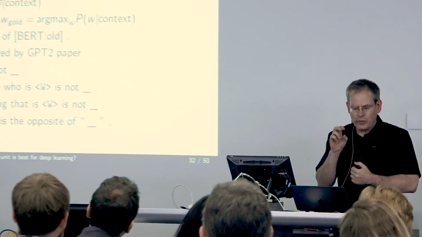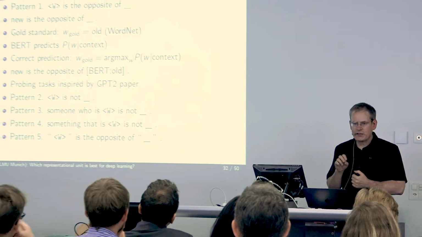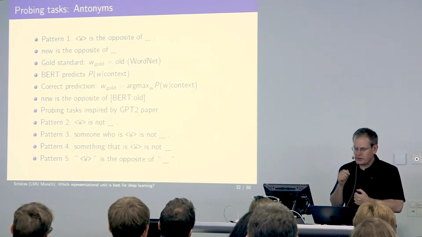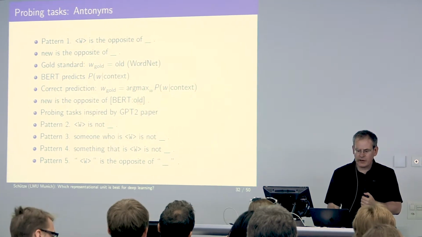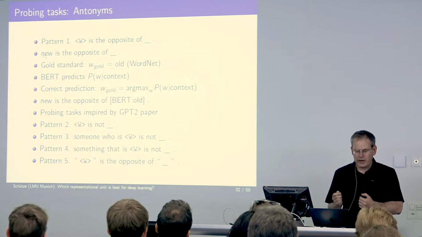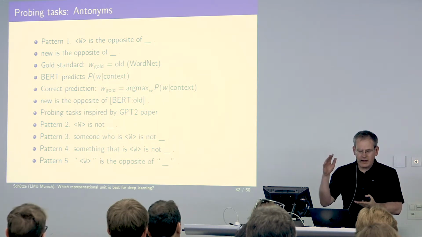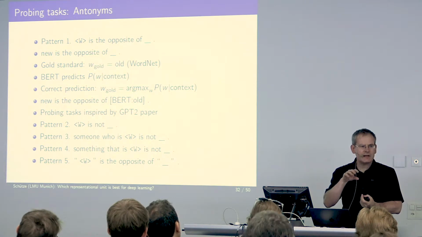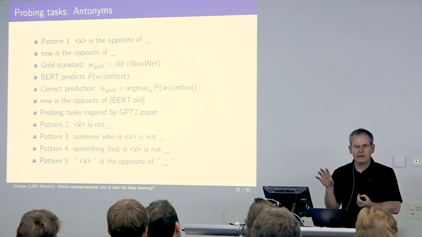The reason we use several of these patterns is we are not interested in the question, has BERT understood the patterns? Our question here is, has BERT understood the word? And the word in this case is new. That's what we want to know. So we actually run BERT on all of these patterns, and then we choose the best result, because the patterns are not really so important.